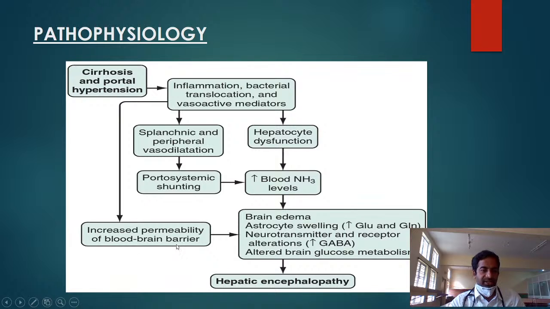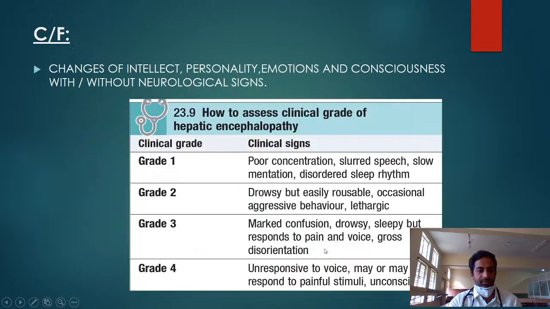There is increased permeability of the blood-brain barrier as well. So this is very important. Whenever the ammonia levels are increased, that will cause increased brain edema, astrocyte swelling, and altered brain glucose metabolism.